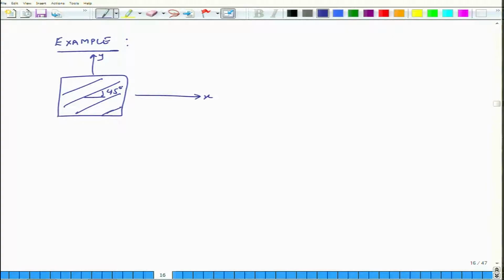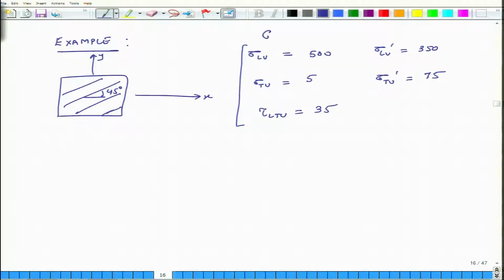This is a single layer and the strengths of this material are: sigma Lu is 500 MPa, sigma Lu prime is 350 MPa, sigma Tu is 5 MPa, sigma Tu prime is 75 MPa, and tau LTu is 35 MPa. So, this is given.